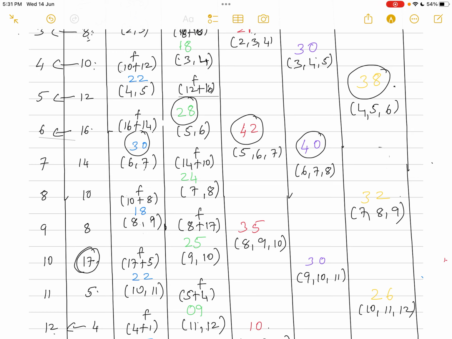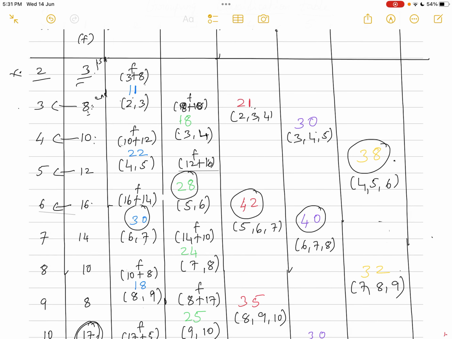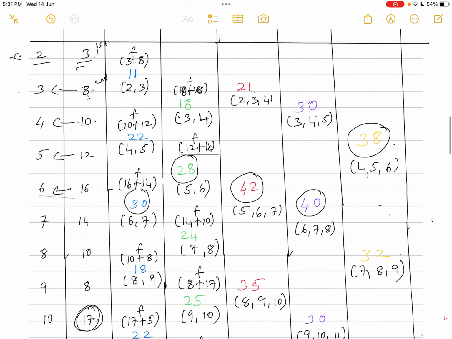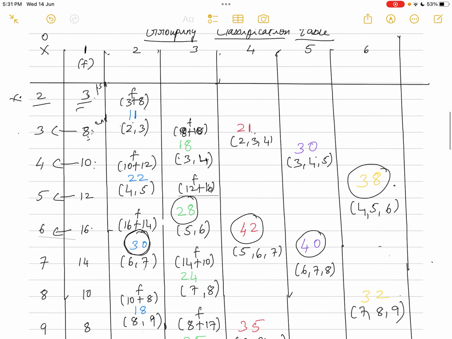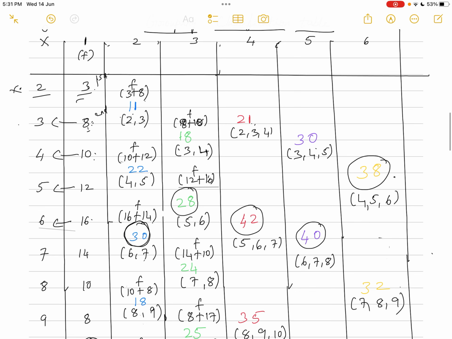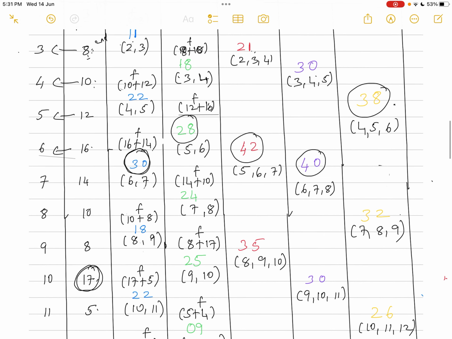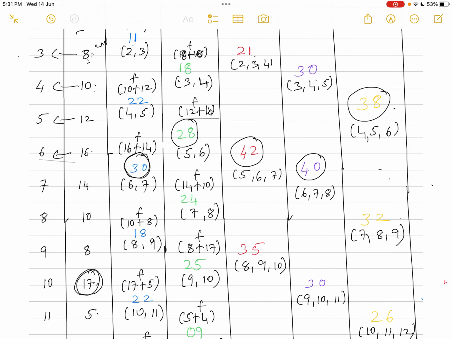In the same way, column 2: 11, 22, 30, 18, 22 and 5. 30 happens to be the highest one, so circle 30. In column 3: 18, 28, 24, 25 and 9. Which is the highest here? The highest happens to be 28, so circle 28.